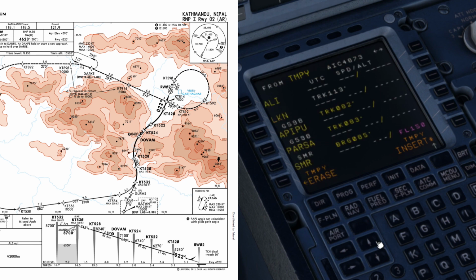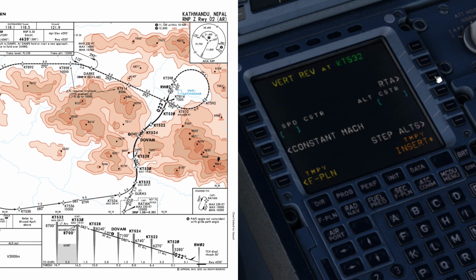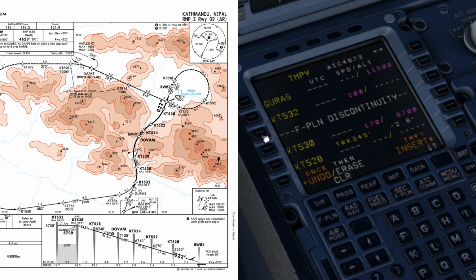That's it over there. After Goras we have Kilo Tango 532 with maximum speed of 200 knots. I'll put this. Okay, I will remove this discontinuity here.